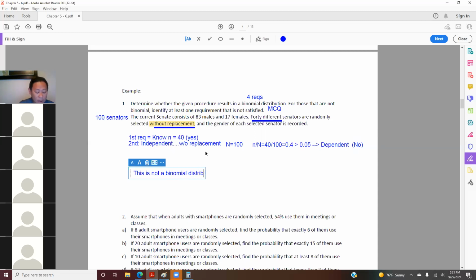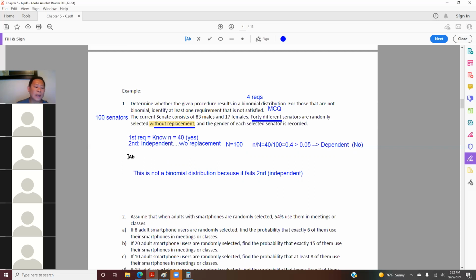Why is this not a binomial distribution? Because it fails which condition? The second condition, right? Which in this case is independence. So this is what I will ask in the test. This is a question, and it is multiple choice.